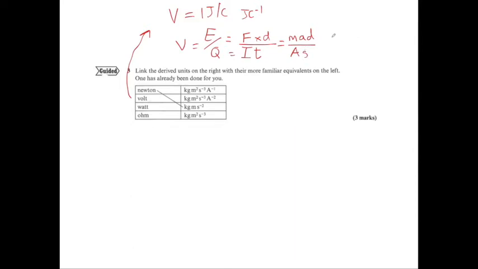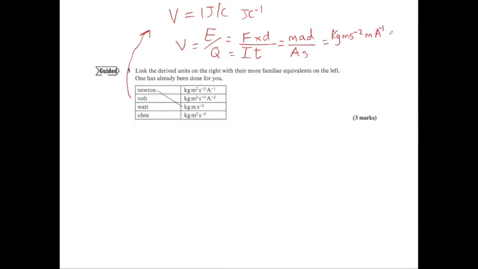Okay, so let's keep going a little bit further. The mass is measured in kilograms. Acceleration is measured in meters per second squared, m s minus 2, and the unit distance is meters. We've already said the unit of current is A, but because it's underneath the line, it means it's dividing. So you need to write it down as A minus 1. That tells us that the amps were underneath the line.